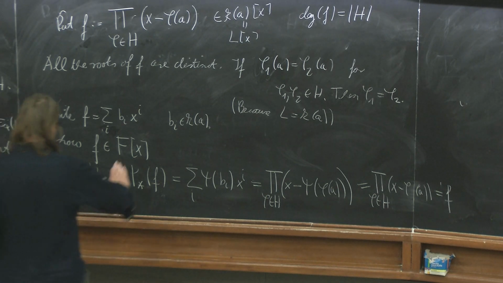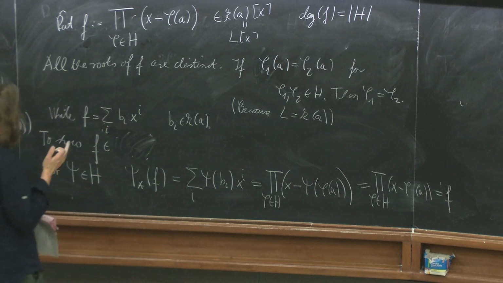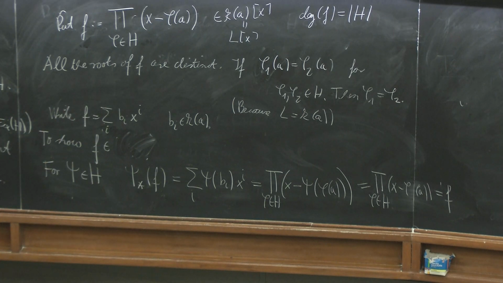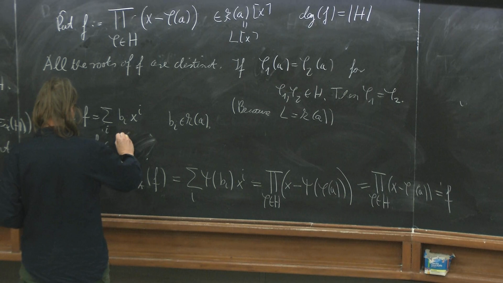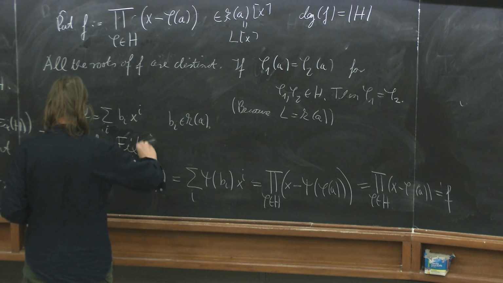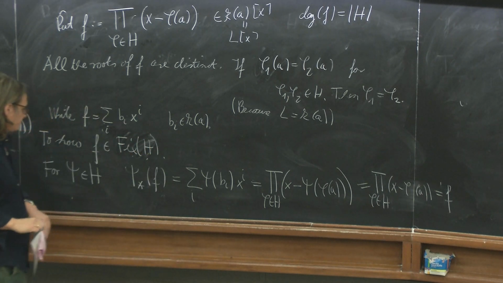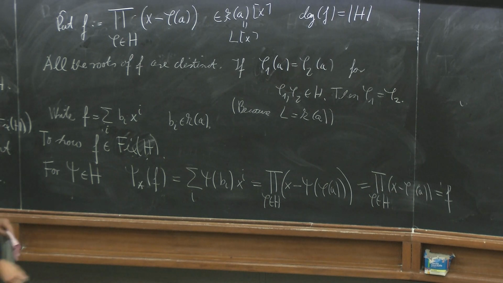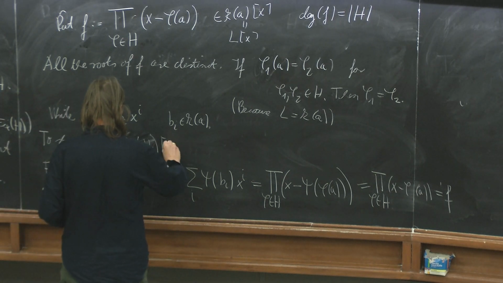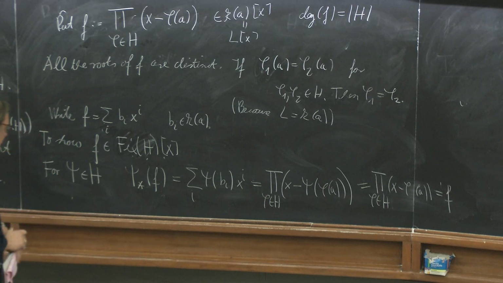Okay, let me go back. So what I mean here, this is the fixed field of H. Let me just go through it again as I confused myself a little bit.